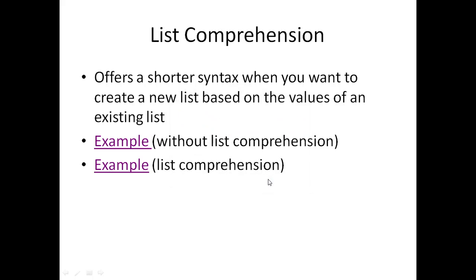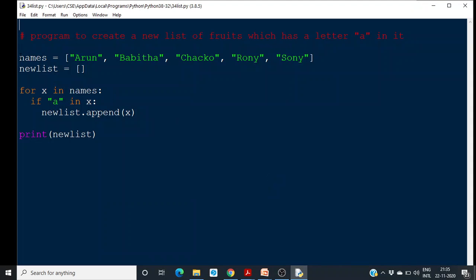This is an example without list comprehension. We have a names list with the following names, and we want to create a new list. So this is an empty list.